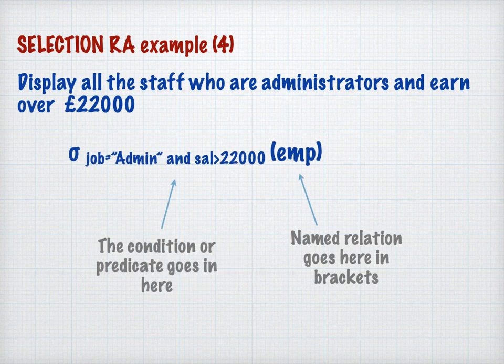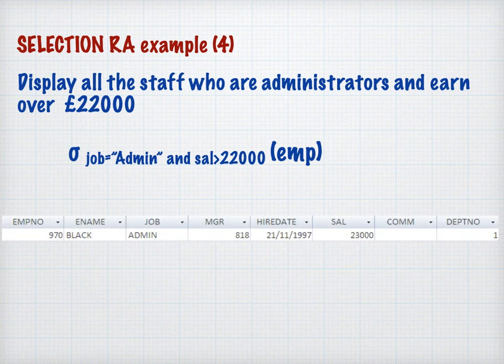Show me all the rows where job is admin and salary is greater than 22,000. And we can run that against the database and we will get this result back. There it is. There's only one person who actually satisfies that criteria, where the job is admin and they earn over 22,000.